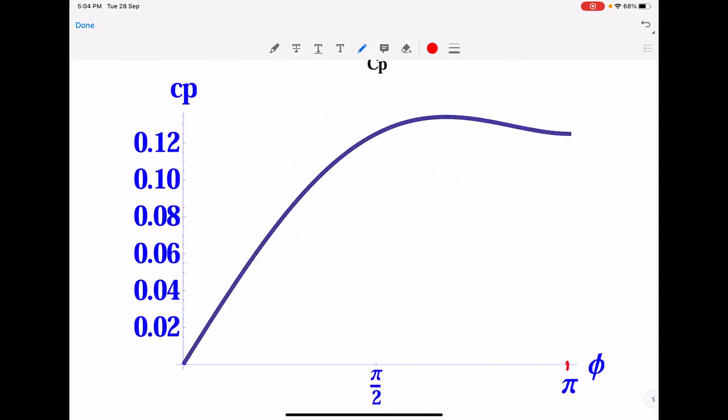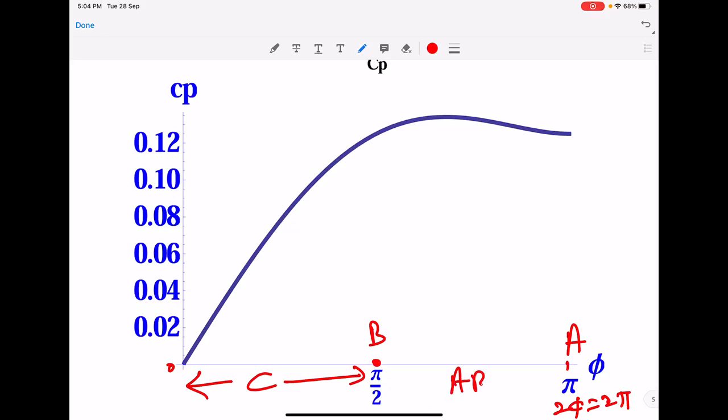So phi corresponding to 2 pi, that means this is class A. So 2 phi is equal to 2 pi, and this is class B. So class C region is from 0 to pi by 2, and AB is over this region.